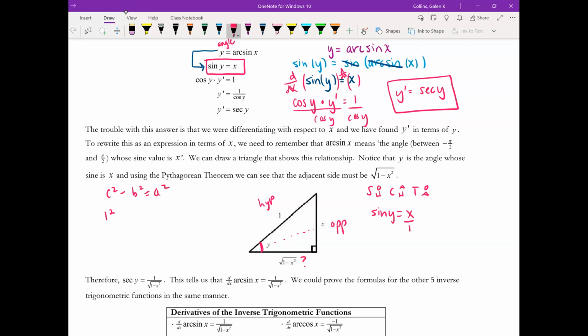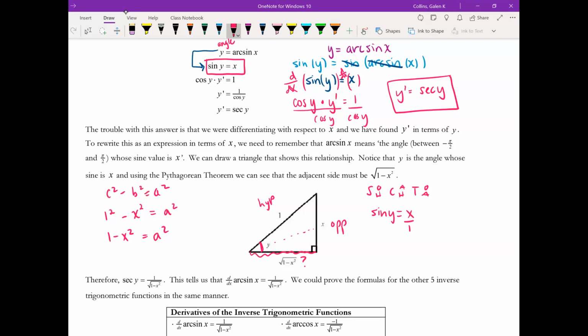So 1 squared minus x squared, with 1 being the hypotenuse and x one of the legs, gives us the other leg, which I'm just going to call a squared. Since 1 squared is just 1, this leg that we're trying to solve, pretending that the answer is not written on the picture for us, is 1 minus x squared.